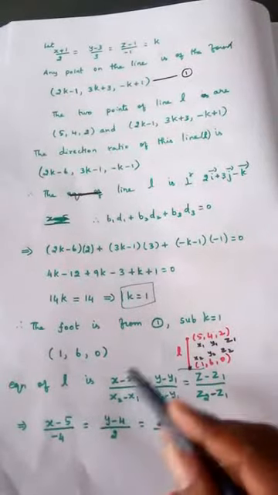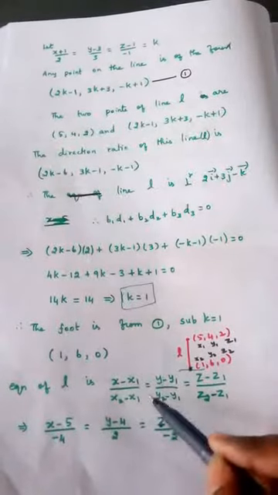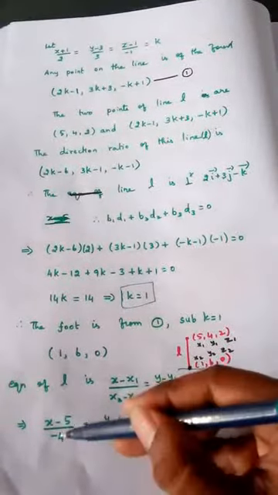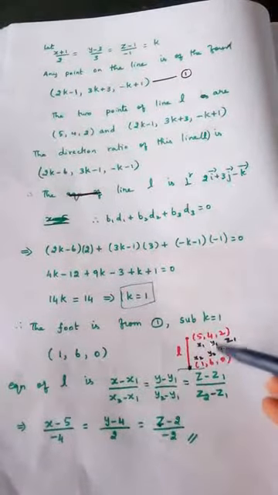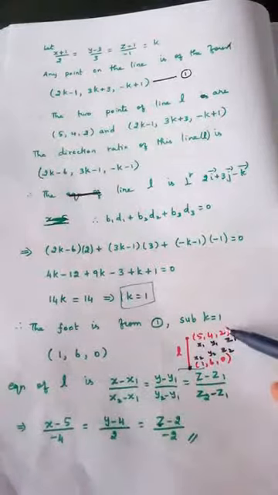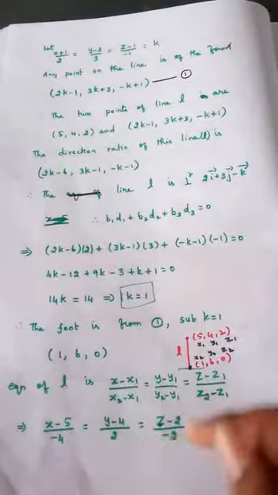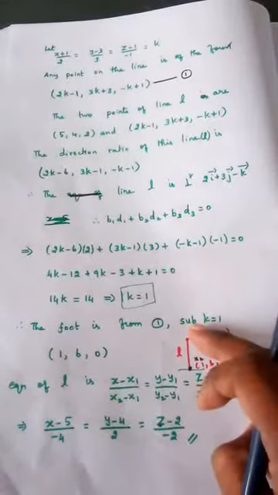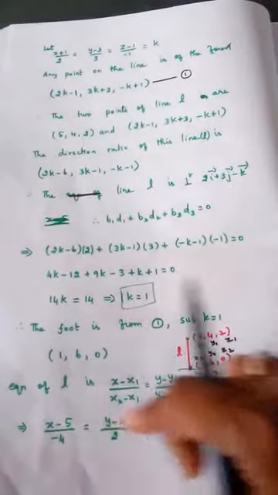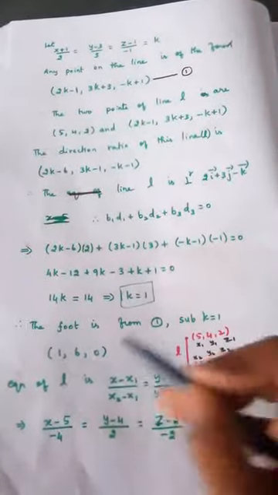So substitute the values appropriately. x minus x1, x1 is 5, x2 minus x1 means 1 minus 5, minus 4; y minus y1, y1 is 4, y2 minus y1, 6 minus 4, 2; z minus z1, 2, z2 minus z1, 0 minus 2, minus 2. So this is the answer for what? Equation of the line L. Line L, what is the other name? Perpendicular. So the equation of the perpendicular is given by this, and the foot of the perpendicular is given by (1, 6, 0).